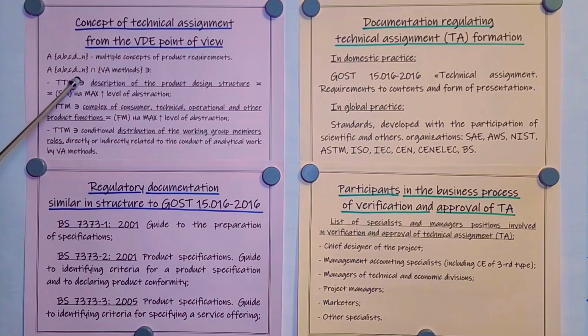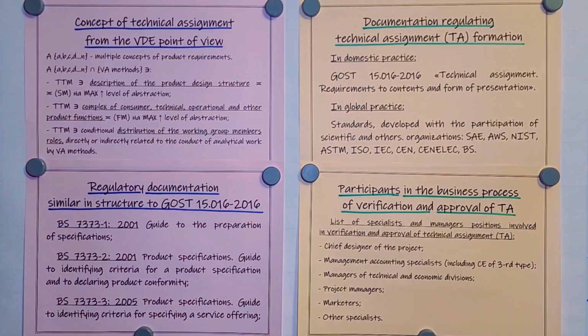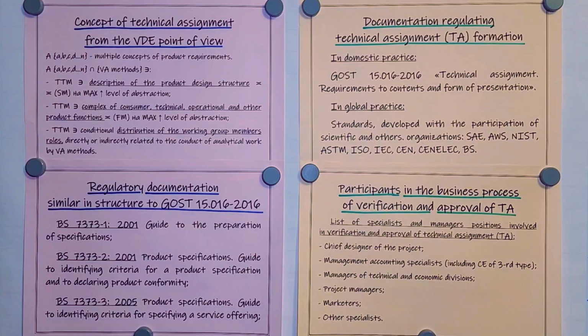Concept number 1 and concept number 2. The combination of structural and functional model which we are talking about in the case of considering the first and second concept of technical assignment is a list of sections of the technical assignment according to GOST 15016 included in the section Technical Requirements, the description of the requirements for the component of the product given in this section of the GOST.